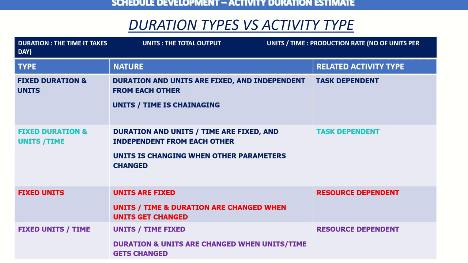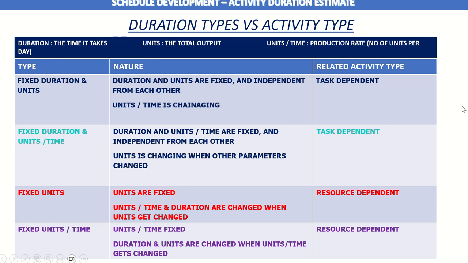But we have different types of resources, so the units per time measurement will change depending upon the resource type you have. If you have a labor resource, it could be 8 hours per day, the one single labor resource can work 8 hours per day. This 8 hours per day is the units per time. But duration is fixed and the number of units are fixed.